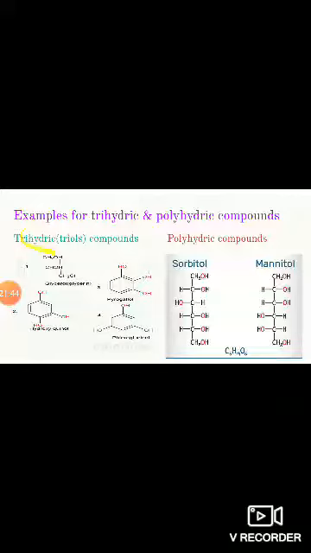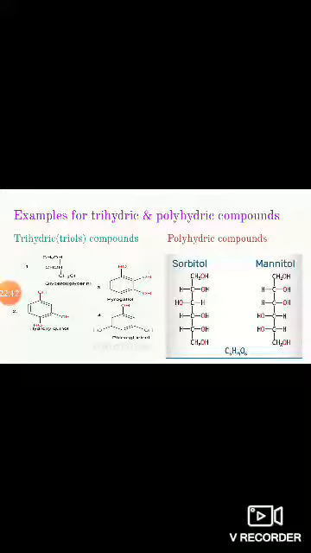In the first case, that is trihydric compounds or triols, the best example of an aliphatic trihydroxy compound is propane 1,2,3 triol, which is also known as glycerol or glycerin. It is an aliphatic trihydroxy compound, a propane derivative.